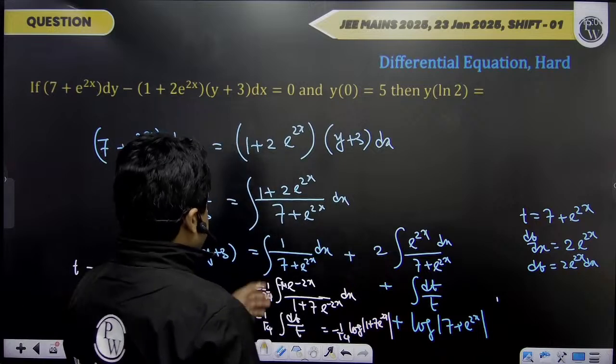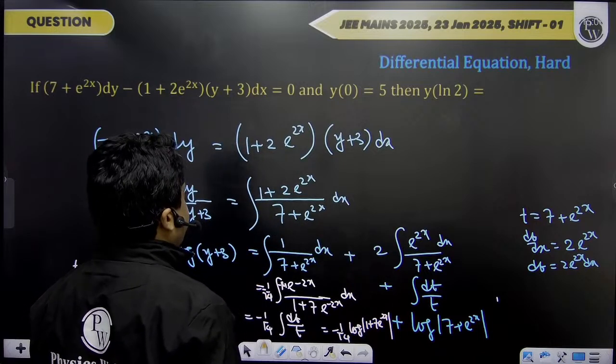Okay. So they have given y of 0 is equal to 5. Let's use that.